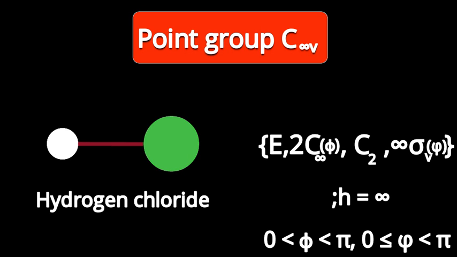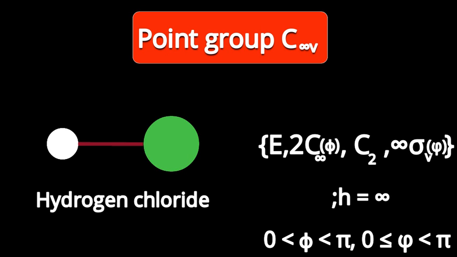Yes, by a very fine, infinitesimally small angle rotation, I can find a similar structure. So the name of that axis is C∞. If we follow our usual trend, how many C∞ operations should be there around that C∞ axis? There should be infinity.